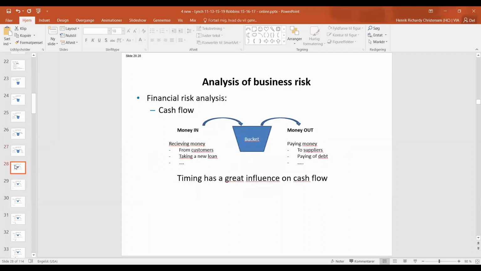This also means that the timing has a great influence on cash flow. And let's try to take a closer look at the timing here. Looking at this little arrow down here, I'll try to make a little example illustrating it. We have week 1 in a certain year, and in that week, we place an order with a supplier.